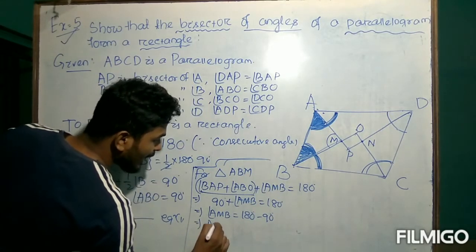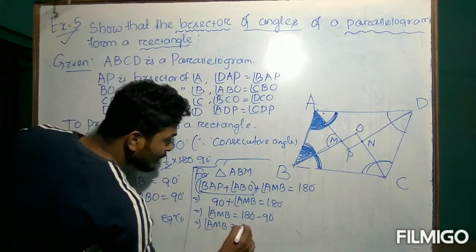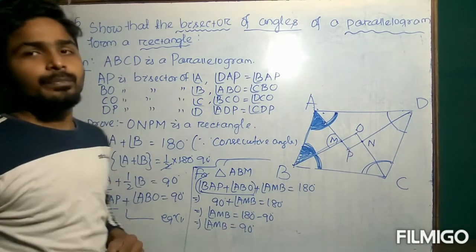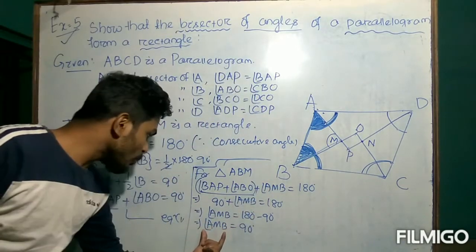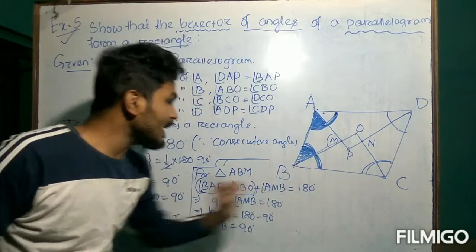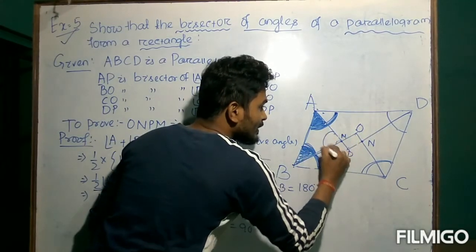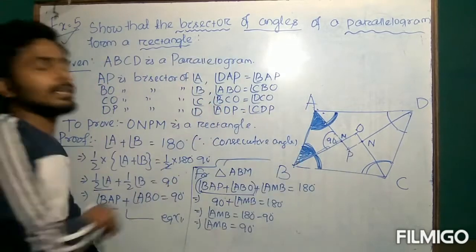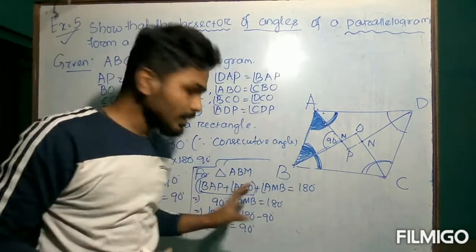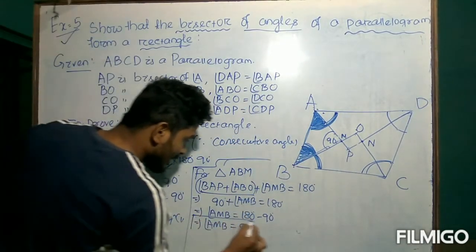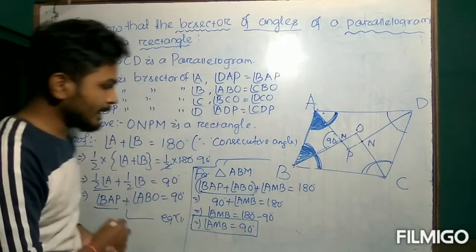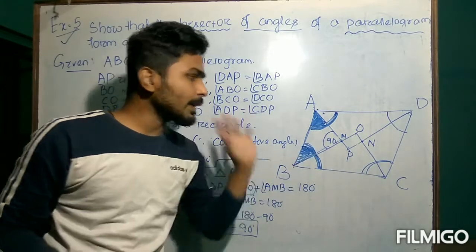So the value of AMB is equal to 90 degree. So we have found the value of AMB angle, that means this angle is 90 degree. Okay. So make a box of it. So we have found AMB is equal to 90 degree.